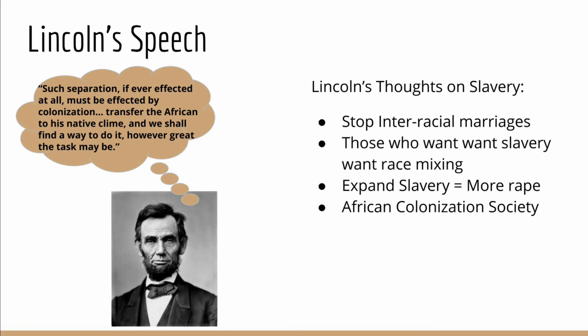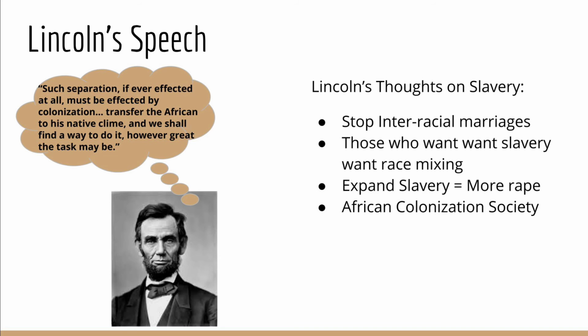Lincoln continued and shared his thoughts on slavery. Lincoln said that to stop slavery from spreading, interracial marriages needed to be outlawed. He also said the people who wanted slavery wanted races to mix, thus meaning those same people wanted slavery to expand. He also said if slavery were to expand, there would be more rape.